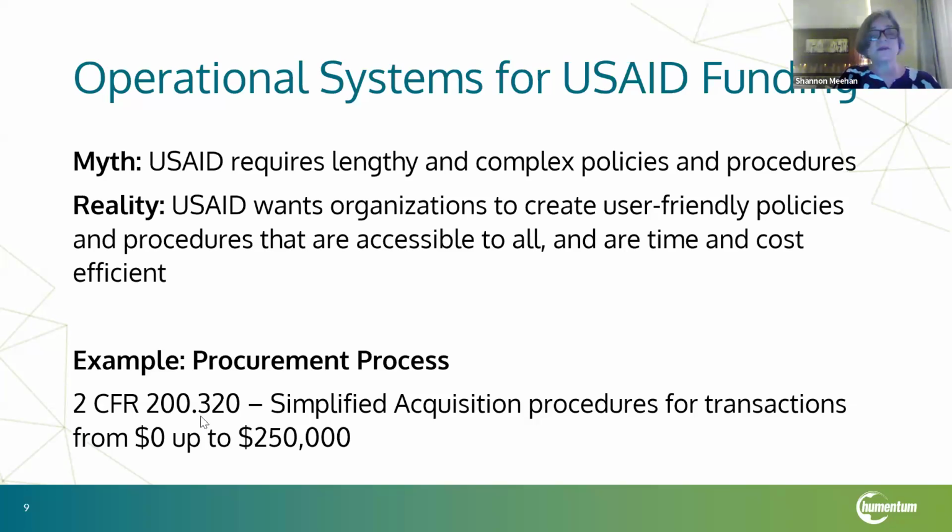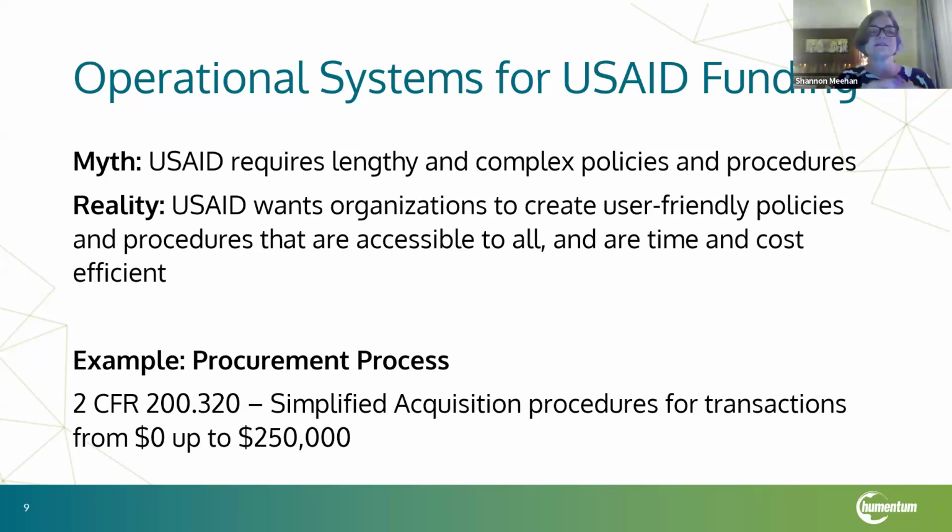For example, the regulations, and this is not new, this has been this way for many years, the simplified acquisition procedures, meaning simple procurement procedures, are expected for procurements between $0 all the way up to $250,000.